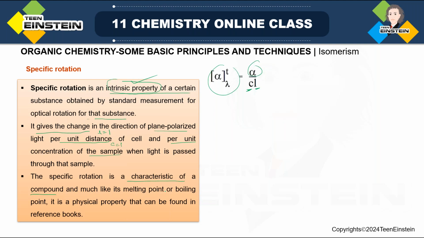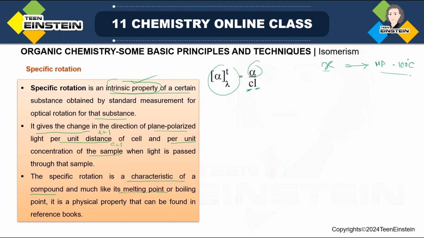But for specific rotation, we have fixed the concentration and L to 1. So it is more intrinsic compared to optical rotation. It is characteristic of a compound, just like we check the melting point or boiling point of a compound. So when we say that a compound X has a melting point, suppose I am saying 100 degrees centigrade, that means it will always have 100 degrees centigrade. It will not change, right?